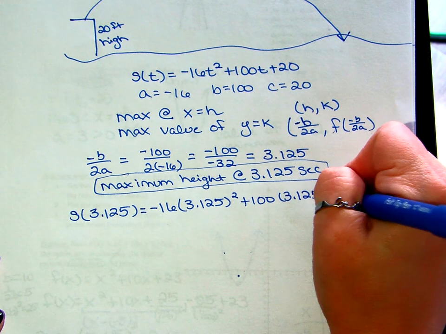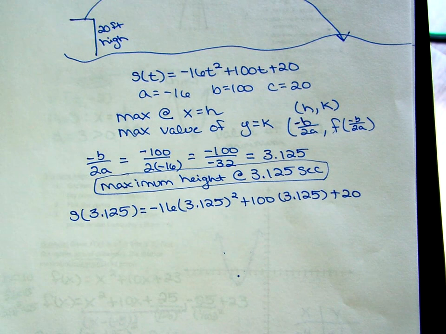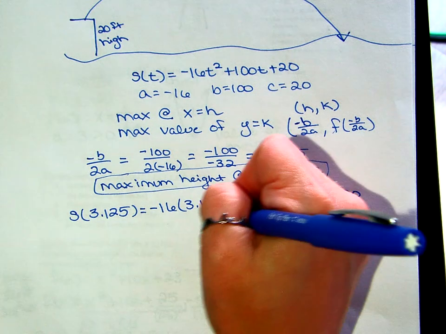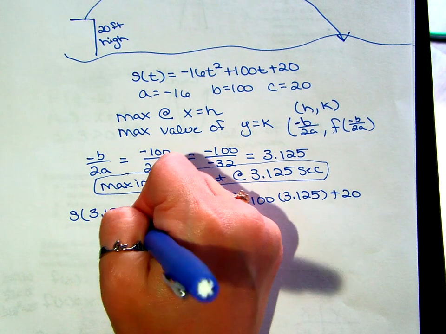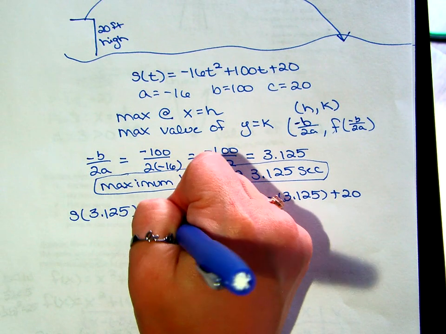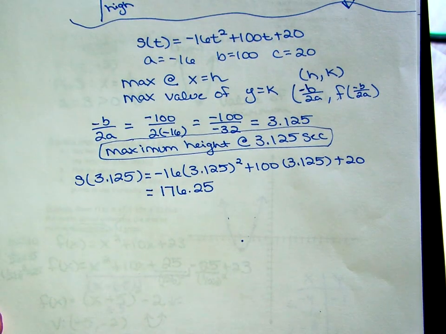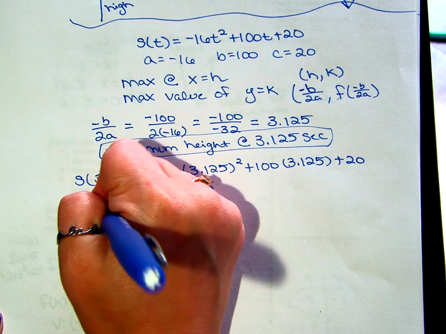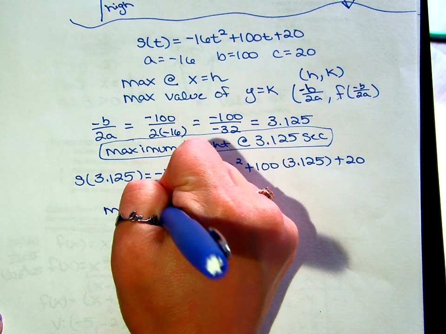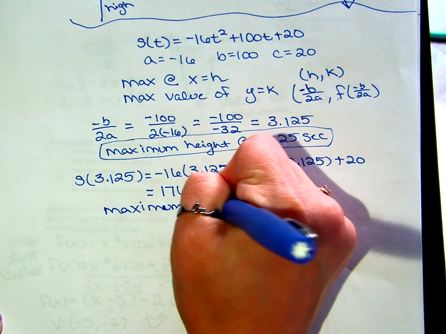Definitely want to use your calculator for that. We're going to round to 2 decimal places. So this tells me my maximum height: 176.25 feet.